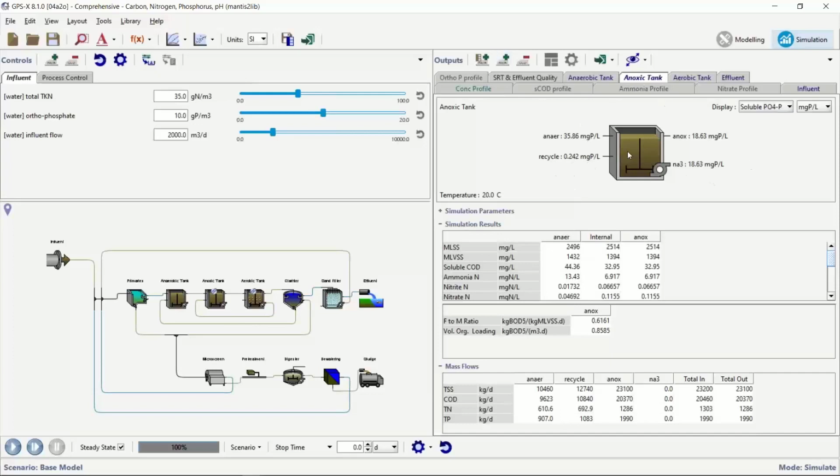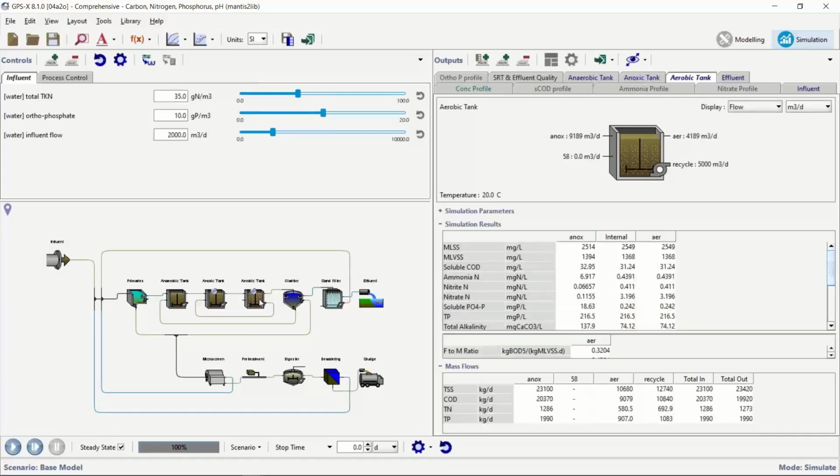So you can see that it's approximately diluted by half, right? So there's not a significant amount of BioP release or uptake going on in here because this is an anoxic tank. It's not anaerobic because that internal recycle coming back is going to have lots of nitrate in it. So it's not an anaerobic zone.